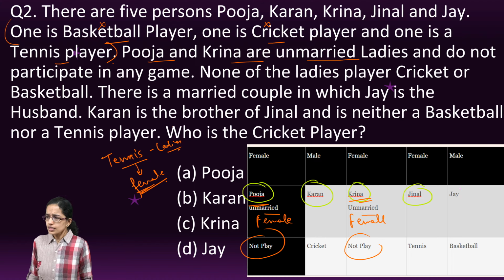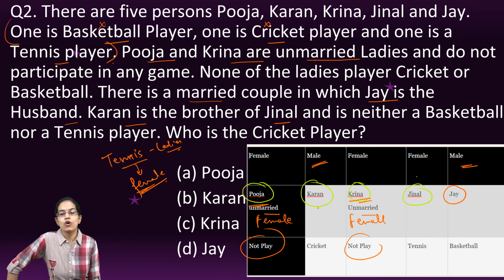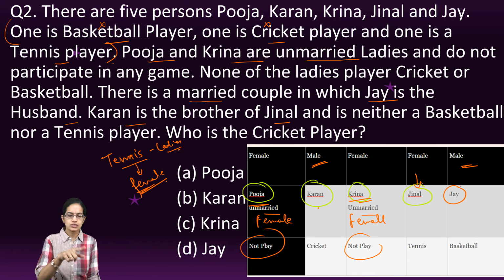Now the next case is, there is a married couple in which Jay is the husband, and Karan is the brother of Jinal. Now Jay is the husband, so Jay becomes male, and Karan is the brother of Jinal, so Karan is again male, and therefore Jinal would be female because she is the wife of Jay. Now we know they are husband and wife, and since Karan is the brother of Jinal, we can also say that these 2 are male.